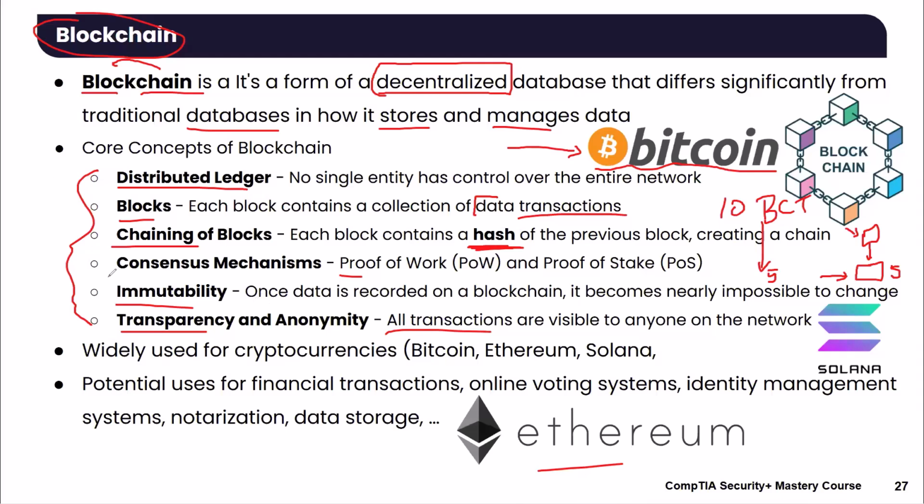But from a cybersecurity perspective, blockchain can be used for voting. Actually, that's what might be on that exam. They might ask you, what is the technology that's really good for voting? Blockchain. The reason is when you vote, once you vote, it's hashed, there's the integrity. That cannot be changed.